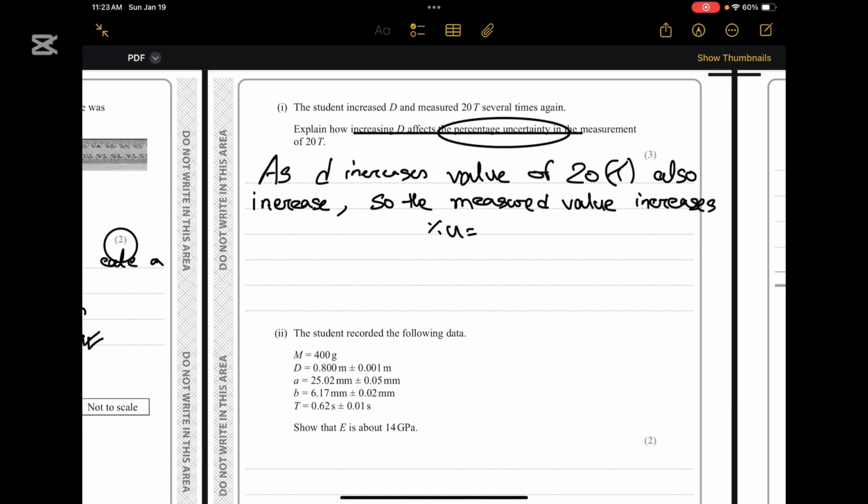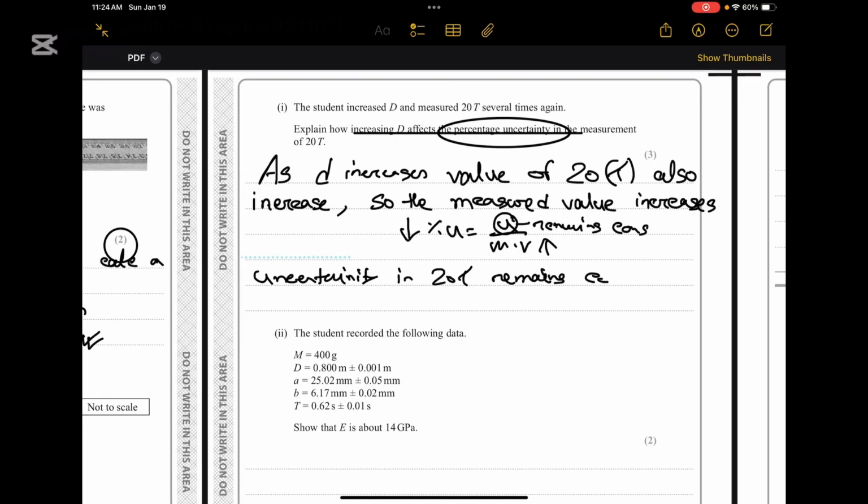Percentage uncertainty is equal to uncertainty divided by measured value. When the measured value increases, the percentage uncertainty decreases, and the uncertainty remains constant. So we can mention that as well: uncertainty in 20t remains constant, and percentage uncertainty in 20t decreases. So we are done with that.